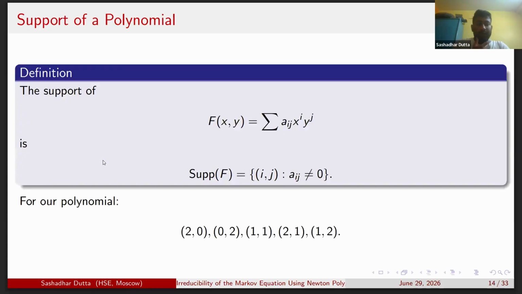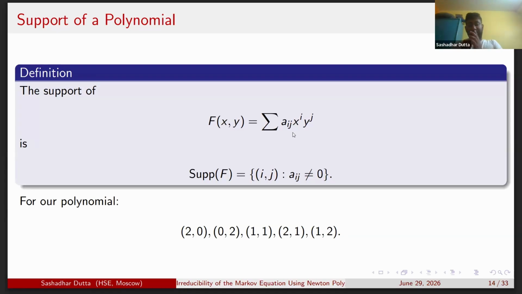Now this is an important definition for any polynomial: the support of a polynomial. What is the definition of the support of a polynomial? We can write any polynomial like this: f of x y equals the summation of a_ij x to the power i, y to the power j.